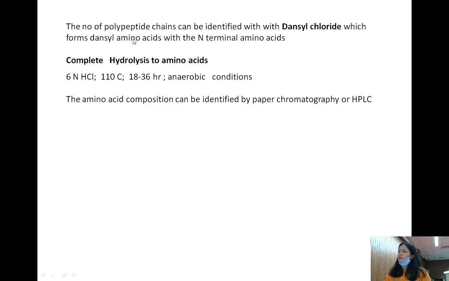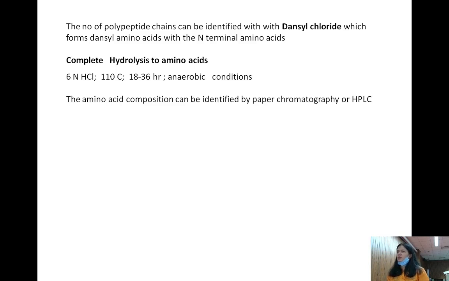So if you treat the hemoglobin molecule with dansyl chloride, how many dansyl amino acids will be formed? Ma'am, the number of polypeptide chains will give the number of dansyl amino acids. So how many dansyl amino acids will be formed if you treat hemoglobin with dansyl chloride?